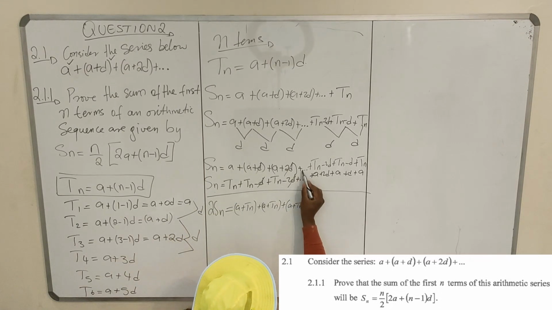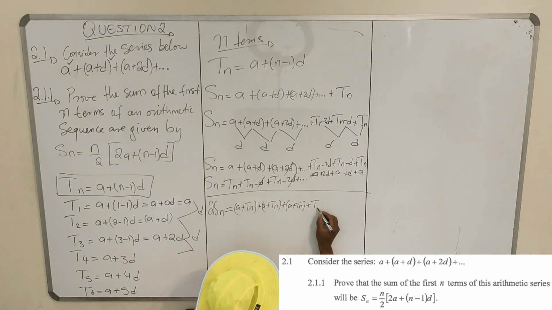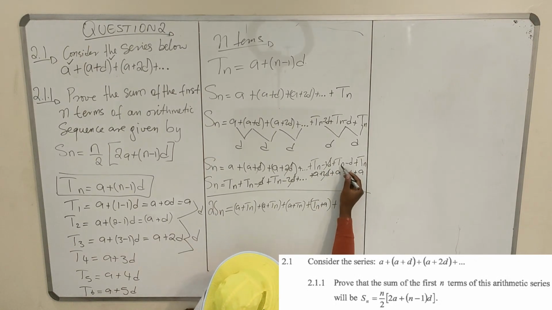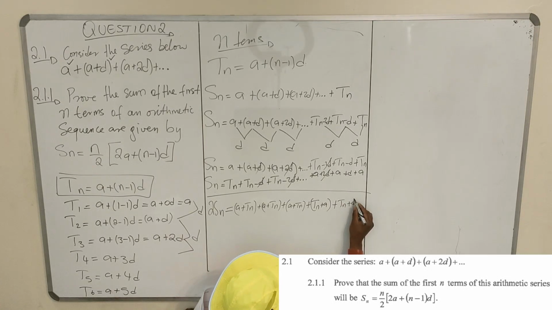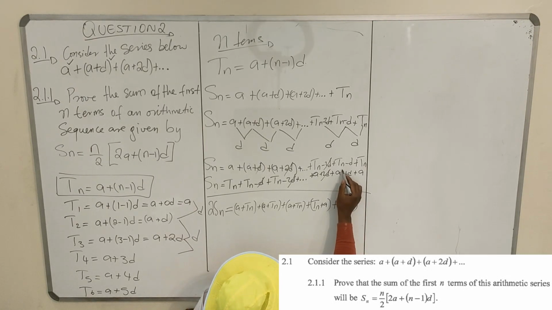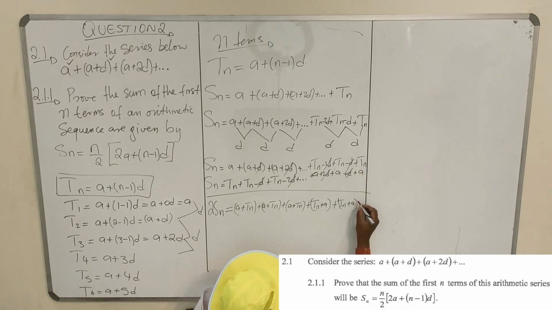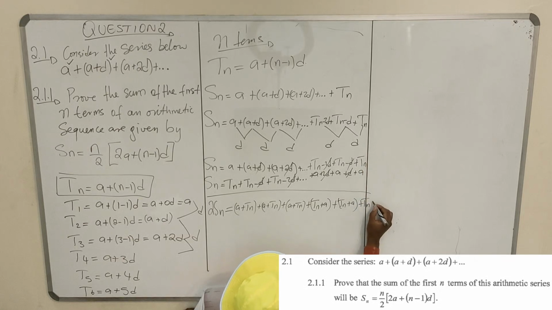The same thing happens in the middle as well. Plus Tn minus D plus A plus D gives Tn plus A. These two cancel, and at the very end you have Tn plus A.